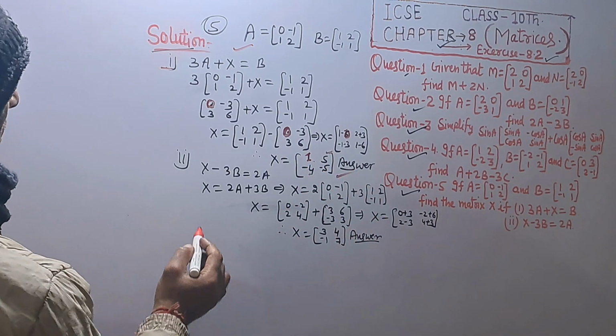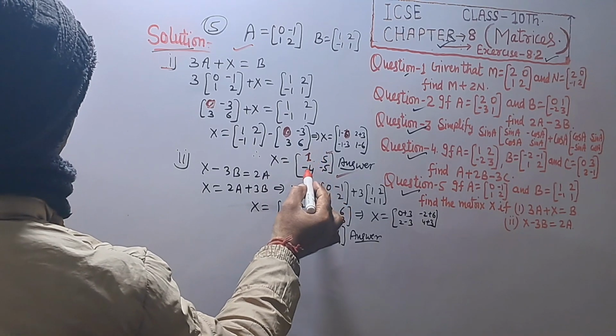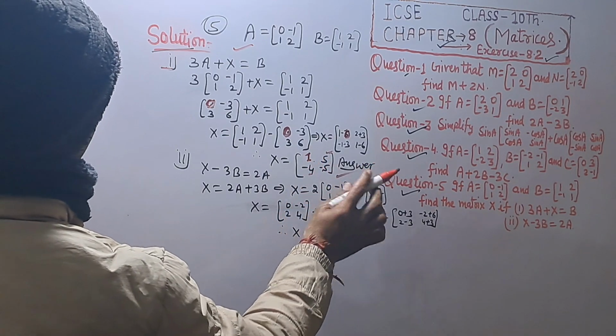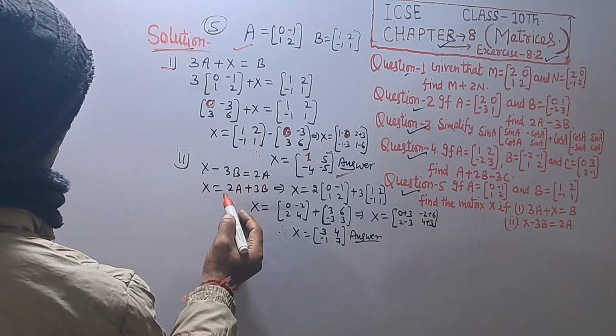Answer. So value of X is equal to [1, 5; -4, -5]. Answer. And second part, X - 3B is equal to 2A.